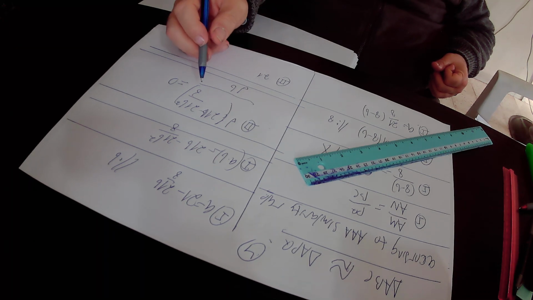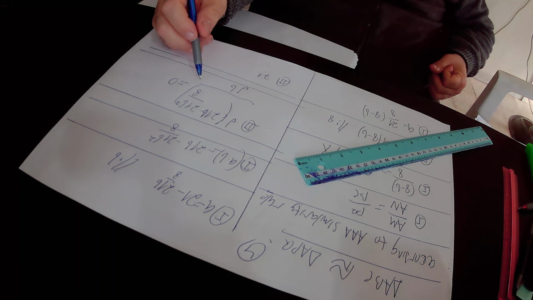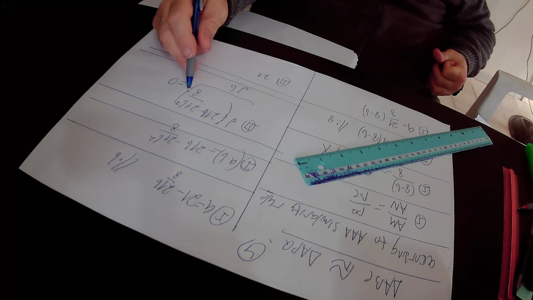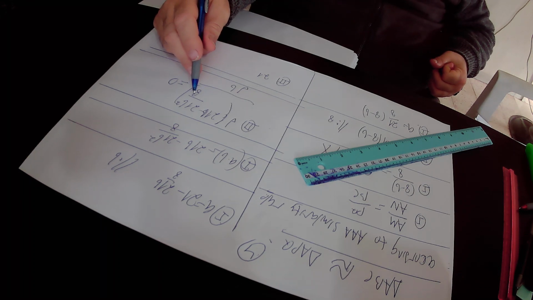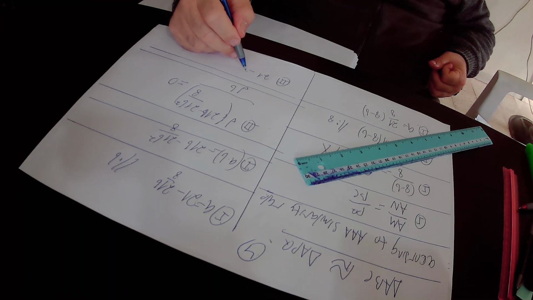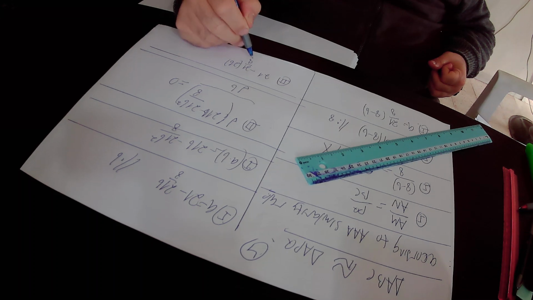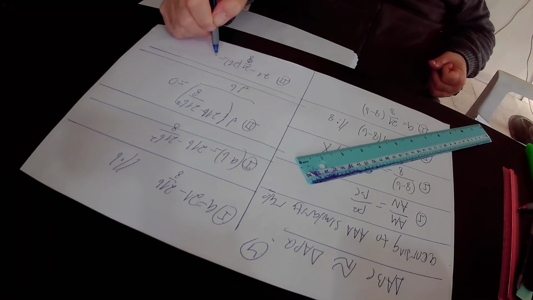And what is the derivative of this expression, minus 21B squared over 8? We know that the derivative of B squared is 2B, and therefore in total the derivative of this expression will be minus 21 over 8 times 2B, and it is equal to 0.